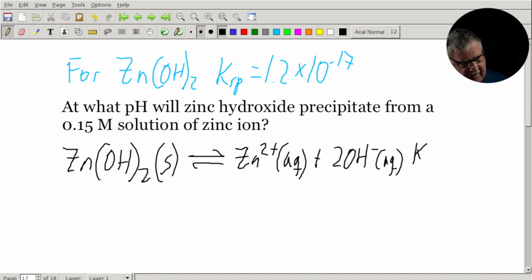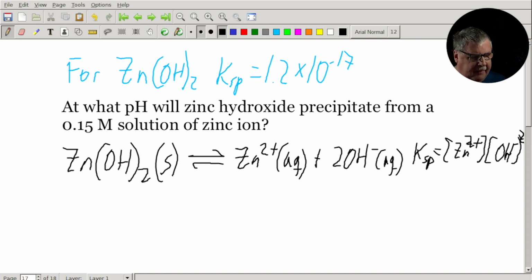We also know that this KSP is equal to the concentration of zinc ion at equilibrium times the concentration of hydroxide ions squared. So, remember what we said about this before. It's a much easier problem to solve because we really don't have to do as much with this.